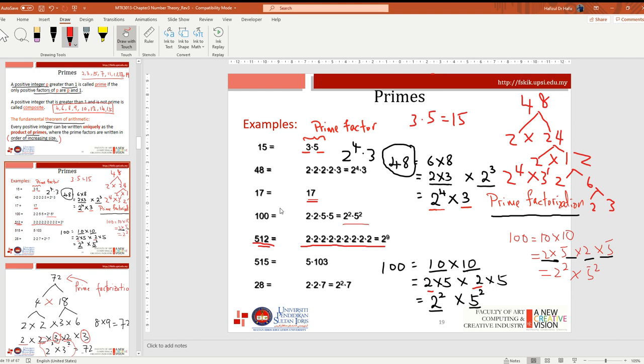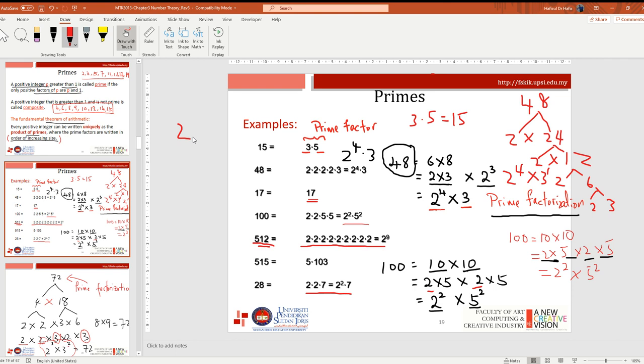And for 100, we get 2 power of 2 multiplied by 5 power of 2. Then 512 is 2 power of 9. And the last one, 28, is 2 power of 2 multiplied by 7.